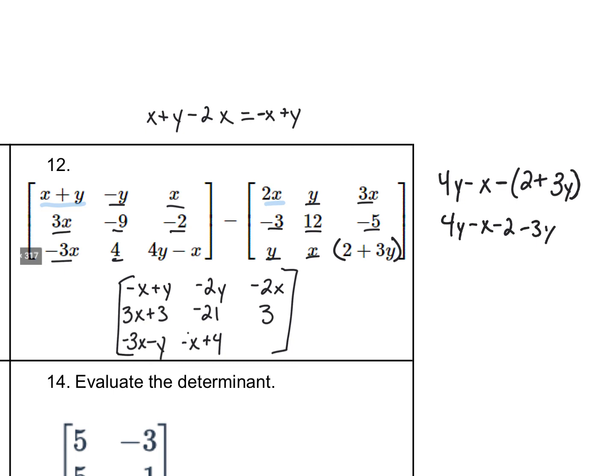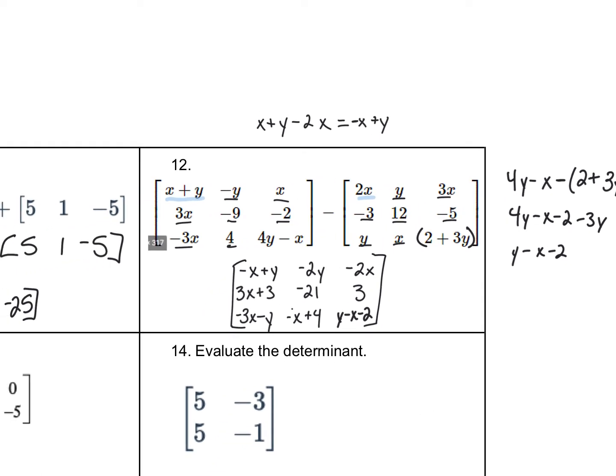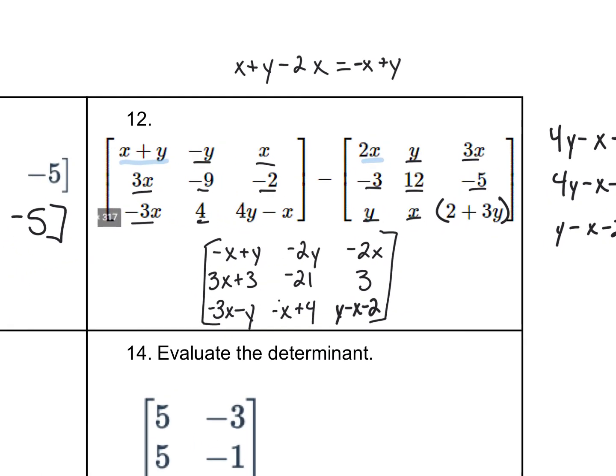And if we combine like terms, can we combine any of that? Yeah, just the y. So it just becomes y minus x minus 2. That was the hardest one. No, there'll just be one. It'll be just the same format as this. Good question. Any questions on number 12?